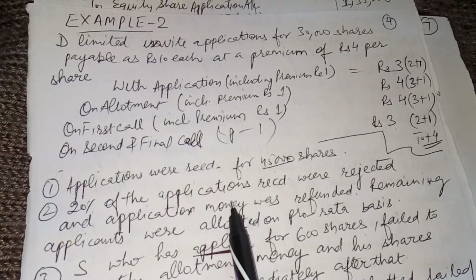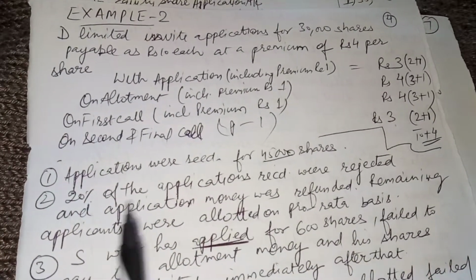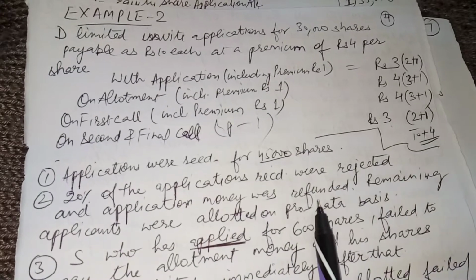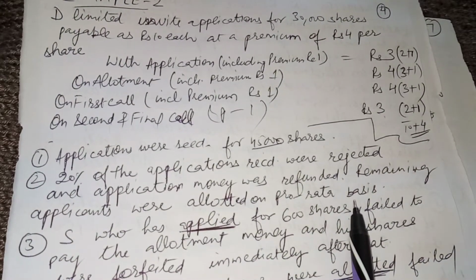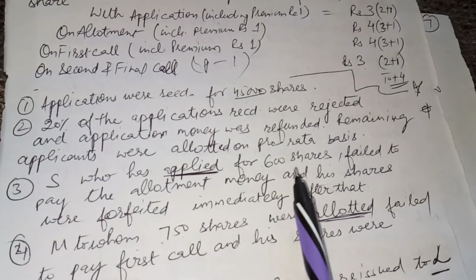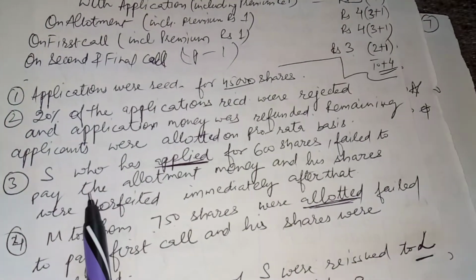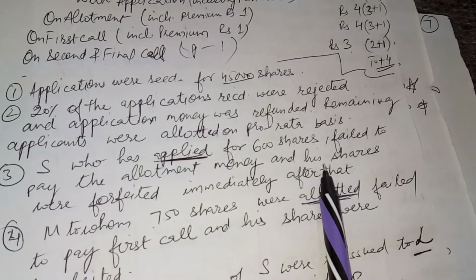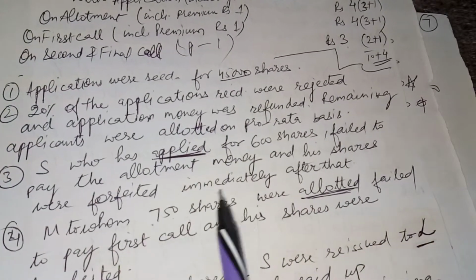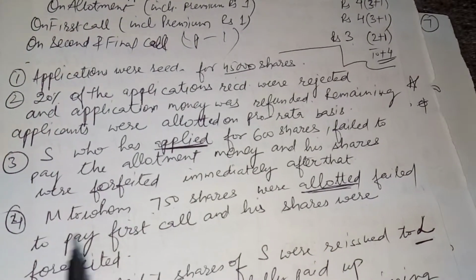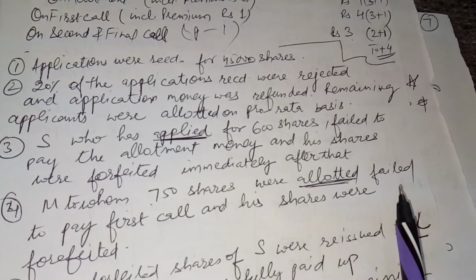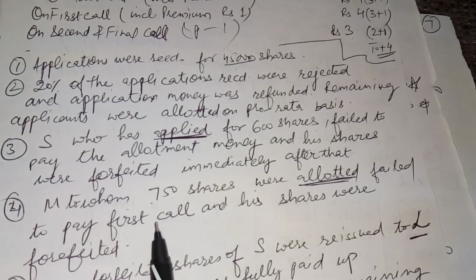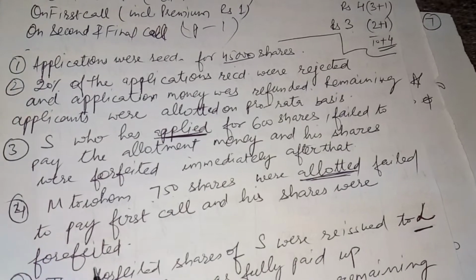20% of the applications received were rejected, and the application money was refunded, and the remaining applicants were allotted shares on a pro rata basis. S, who applied for 600 shares, failed to pay the allotment money, and his shares were forfeited immediately after that. M, to whom 750 shares were allotted, failed to pay the first call, and his shares were forfeited.